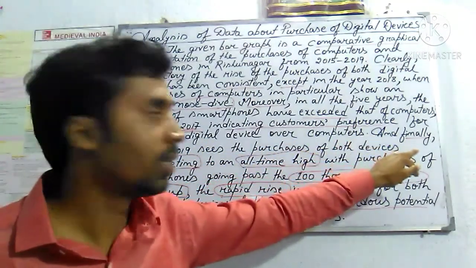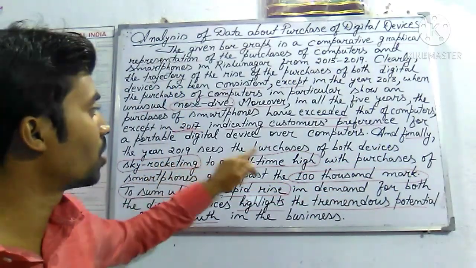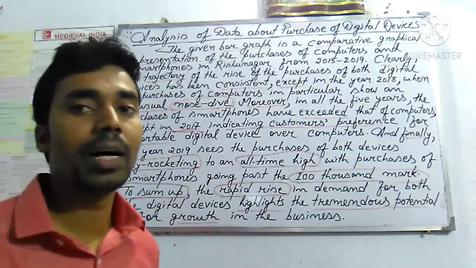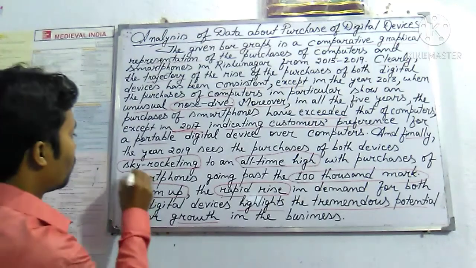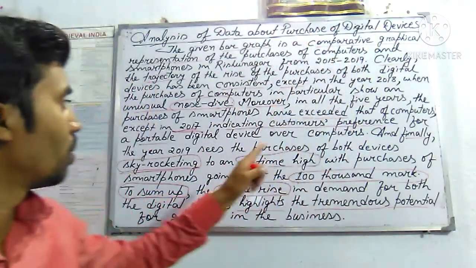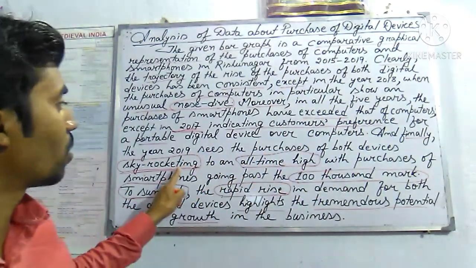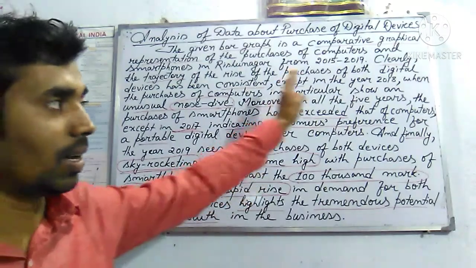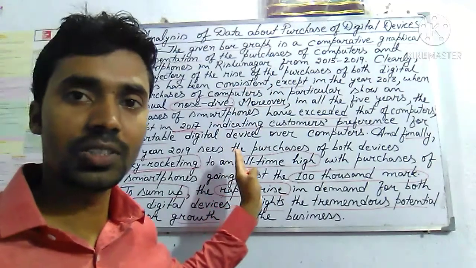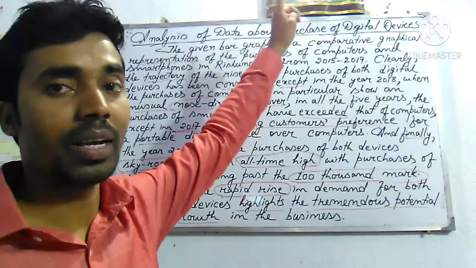And finally, again a linking word, finally, the year 2019 sees the purchases of both devices skyrocketing to an all-time high. Again a technical word I would like you to mark is skyrocketing, is going upwards, straight upwards, right? So the purchases of both devices skyrocketing to an all-time high. Remember the last year 2019, right? The purchases of both commodities, smartphones as well as computers, rose to an all-time high.